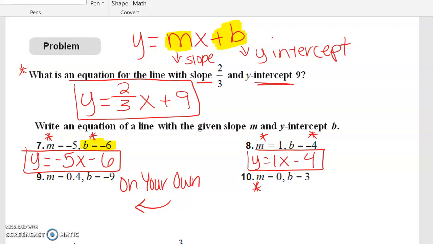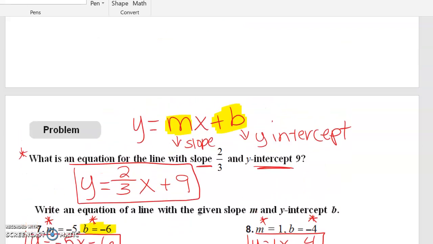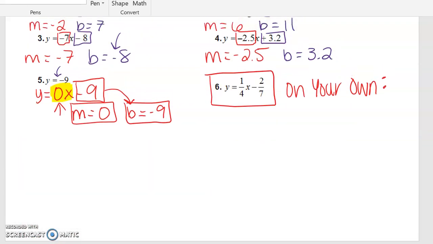Number 10 tells us we have a slope of 0. So if I were to plug that in, it would look like y equals 0x plus 3. Now remember, previously, when our slope is 0, it actually just cancels out that x term.